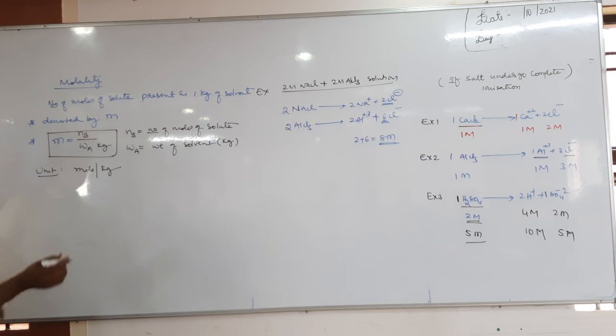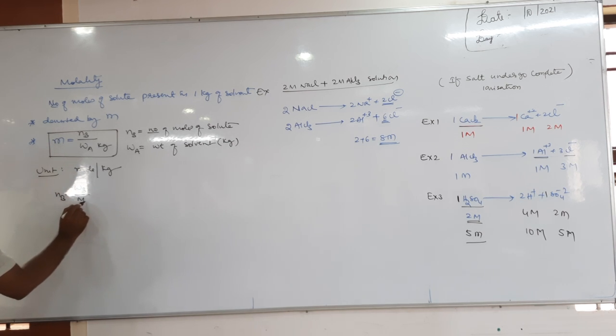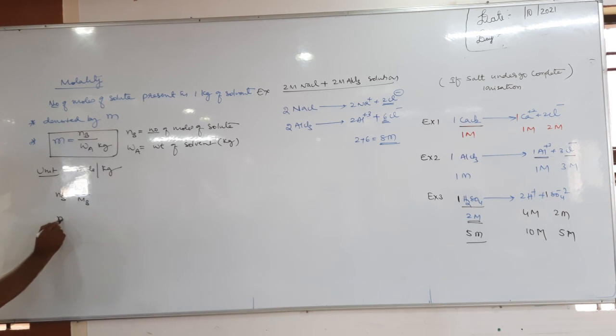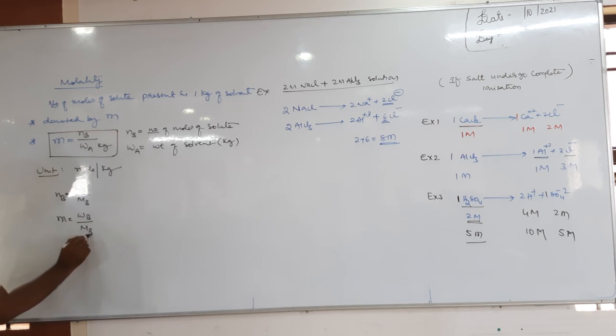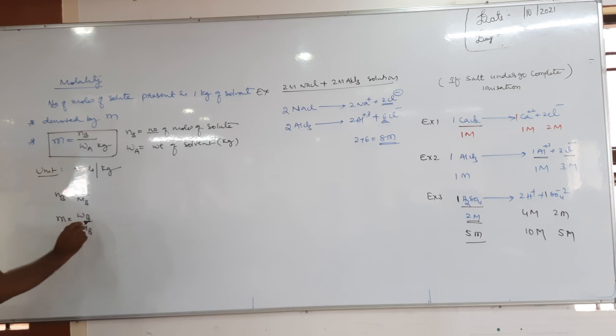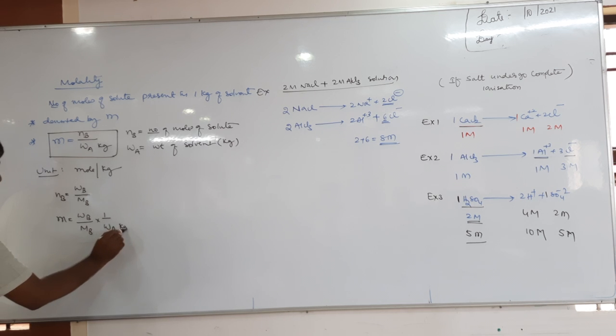But we also know that Nb, the number of moles of solute, equals weight of the solute divided by gram molecular weight of solute. Substituting here, molality equals weight of solute divided by gram molecular weight MB, into 1 divided by WA in kg.